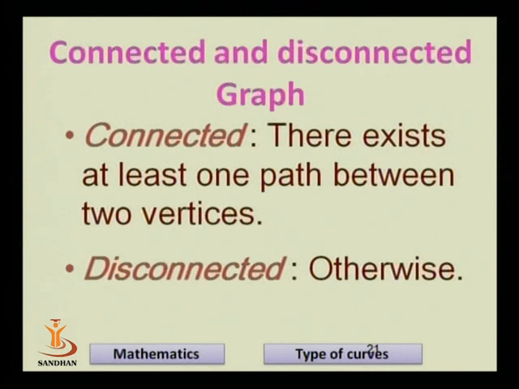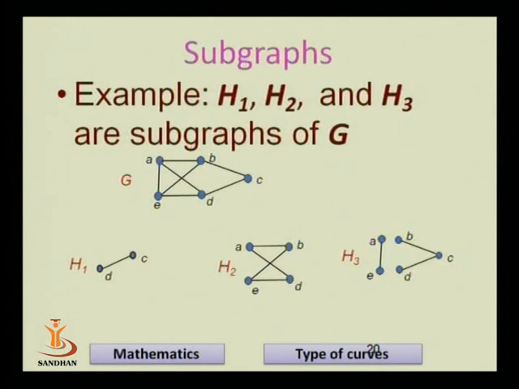So here, in the previous graph, the first subgraph is connected, the second subgraph is connected, the third subgraph is not connected. Why? Why is the first graph connected? The first graph contains only two vertices, so there exists a path between every pair of vertices.